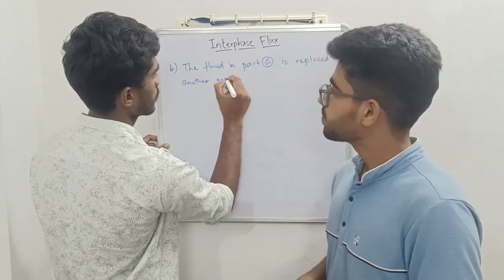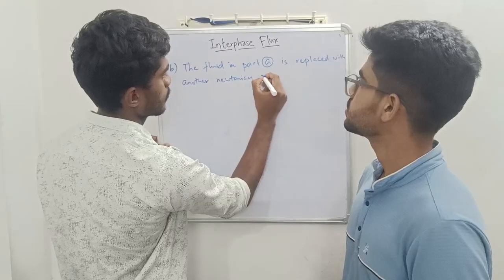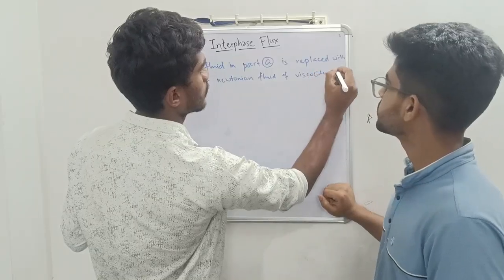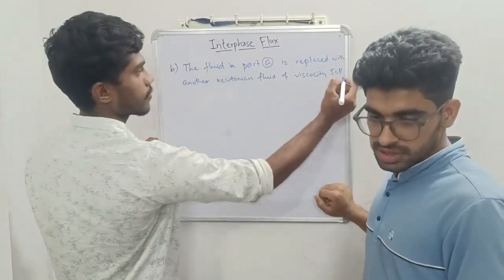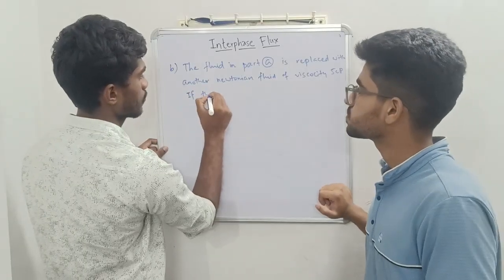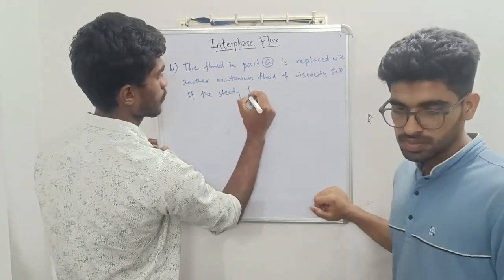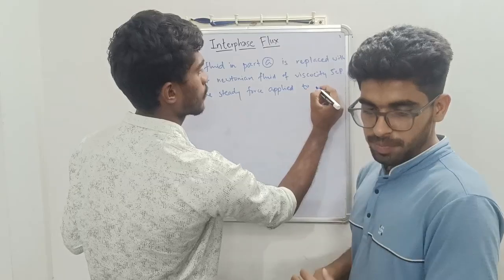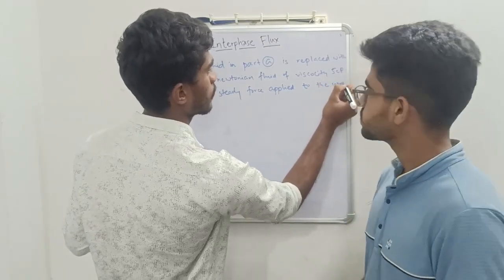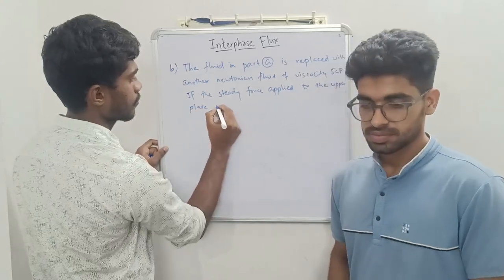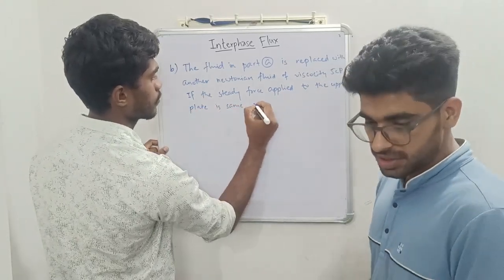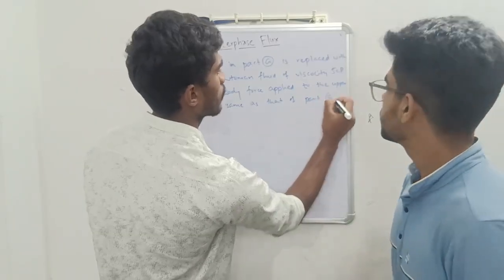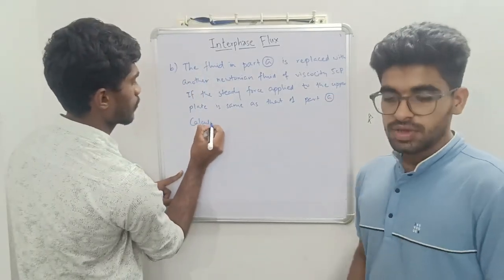If the steady force applied to the upper plate is the same as that of part A, calculate the velocity of the upper plate.